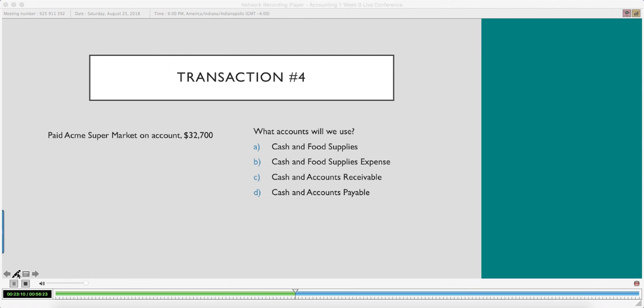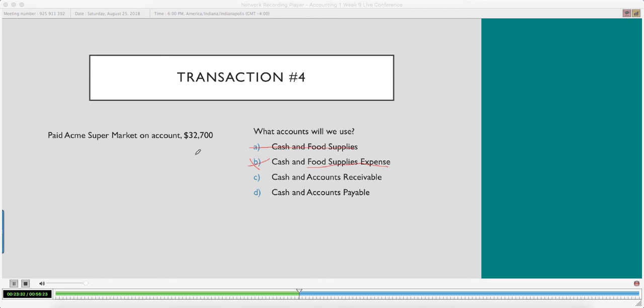Okay, so you guys are right. It is definitely not A. Unfortunately, it is not B because we're only going to use food supplies expense when we are adjusting, when we're saying how much we have not used at the end of the month.